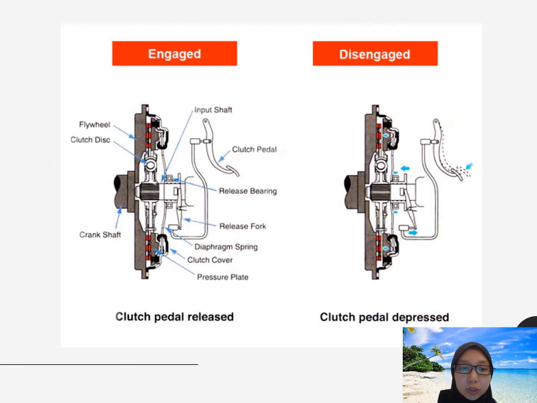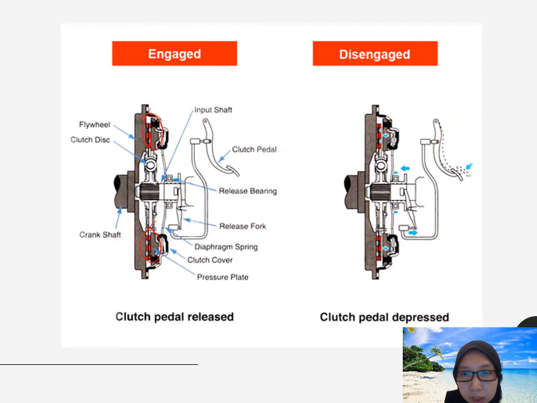This figure shows how the clutch pedal works when you release it and when you depress it. When you release it, meaning you're not putting your foot on the clutch pedal, you can see the power, the red part, where it's connected between the engine flywheel and the clutch.